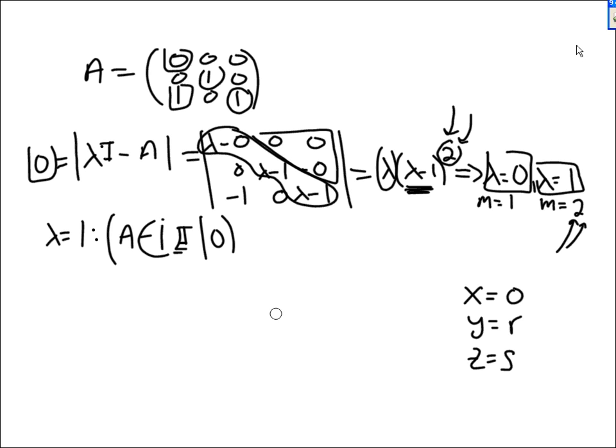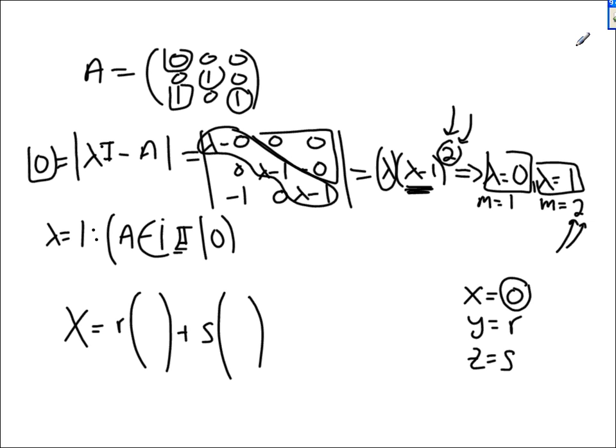So we need to write down that answer a little bit differently. The variables are r and s. I have to write big X as a multiple of r plus a multiple of s. And the first value better be 0. So I'll do 0 r's plus 0 s's. The second entry should be just r. 1 r plus no s's.